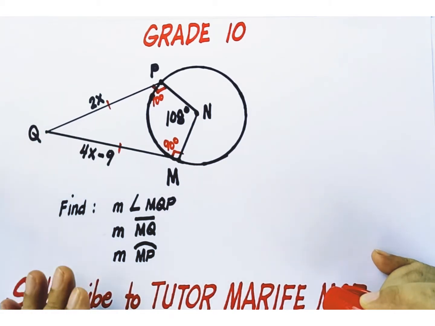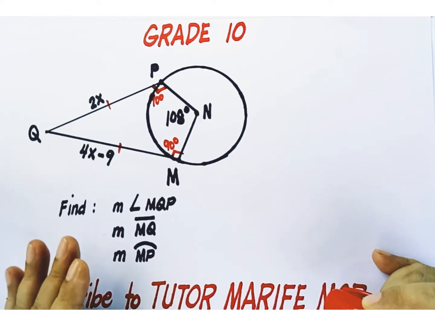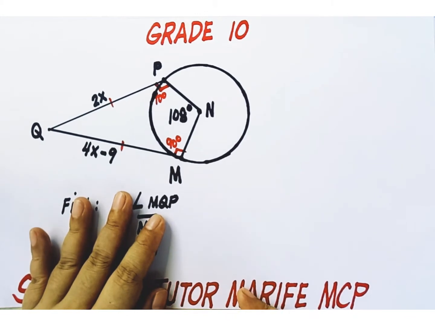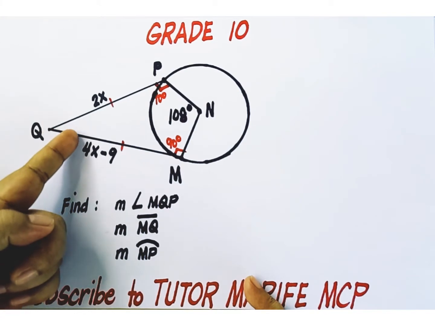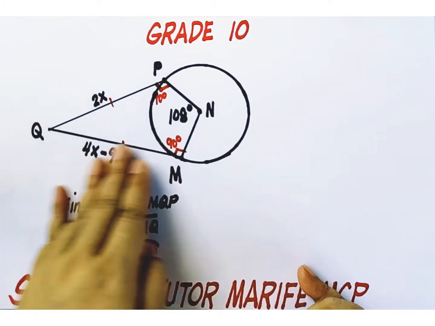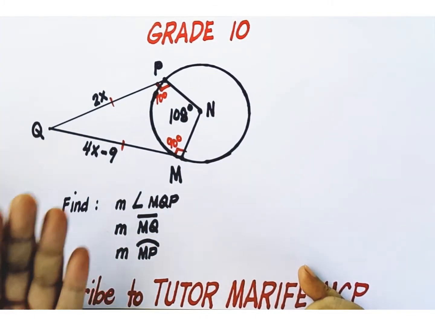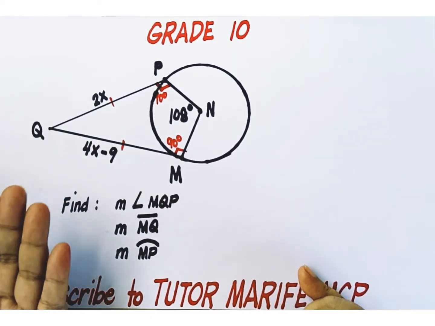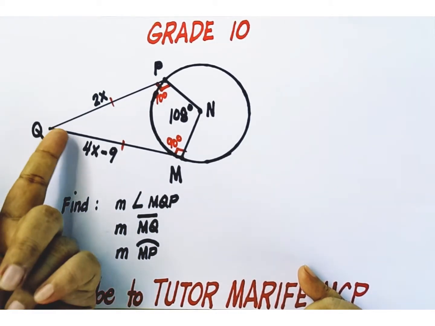The sum of the interior angles of any quadrilateral or any 4-sided polygon is always equal to 360 degrees. We are trying to solve for this angle, angle MQP. And we already know the 3 interior angles of this quadrilateral. We can use the fact that the sum of the interior angles of a quadrilateral is always equal to 360 degrees to solve for this.